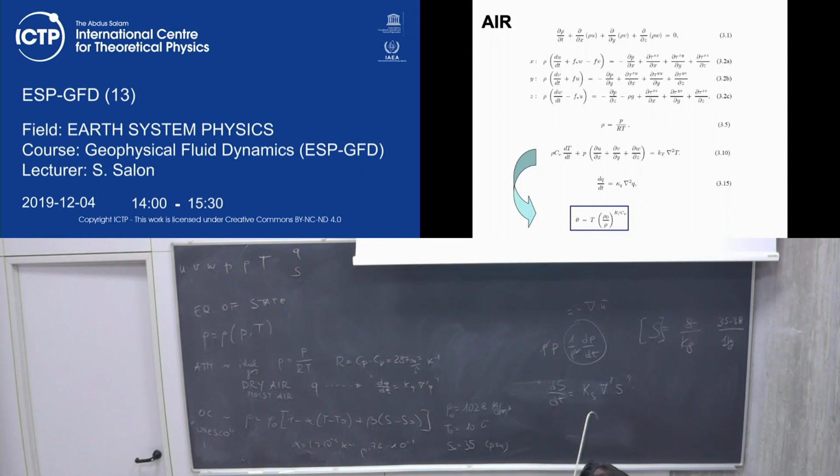And so you can rewrite the equation of energy, which is actually the equation of temperature, as the equation of potential temperature, which again has a diffusion form, with the only difference that we have this term here where we have temperature and potential temperature.